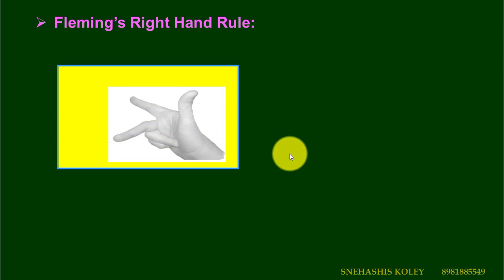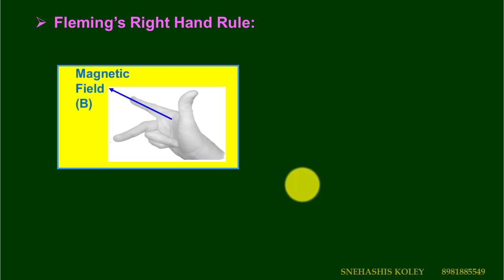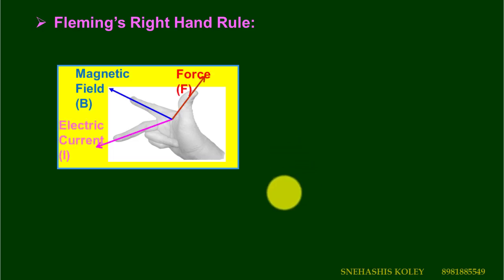In the previous session we saw Fleming's left hand rule. Now we are discussing Fleming's right hand rule. In these two cases, all the fingers represent the same things as we discussed in Fleming's left hand rule: the middle finger represents electric current, the forefinger represents the magnetic field, and the thumb represents the direction of the force.